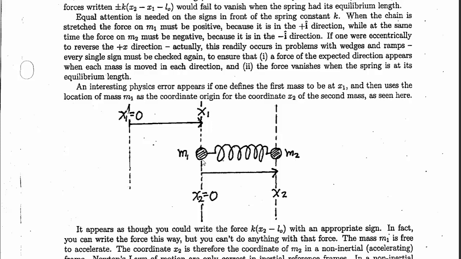Because it is a non-inertial coordinate system, well, you can write the force due to the spring this way, but you've got a little problem, and the little problem you have is that Newton's second law of motion is not valid in these coordinates, and therefore you can draw this picture, but if you try to solve for the motion of the masses, it won't work. Well, it won't work unless you understand how to insert some fictitious forces, which we are not going to talk about in this course. So don't do this. Be sure your coordinate origins are nailed to the ground where they belong.